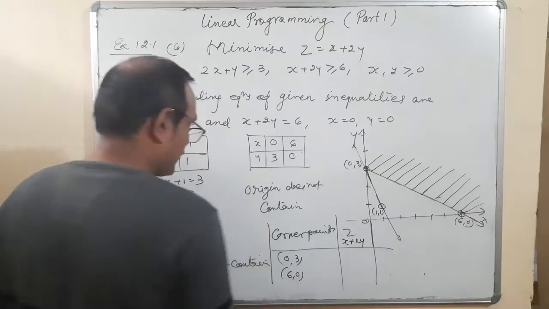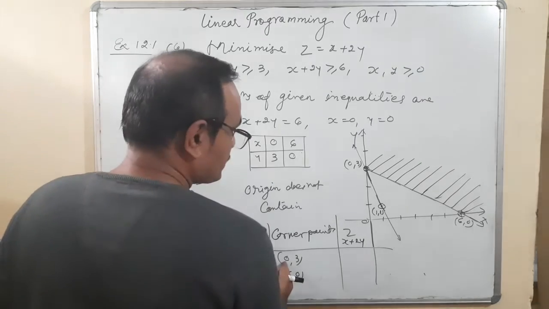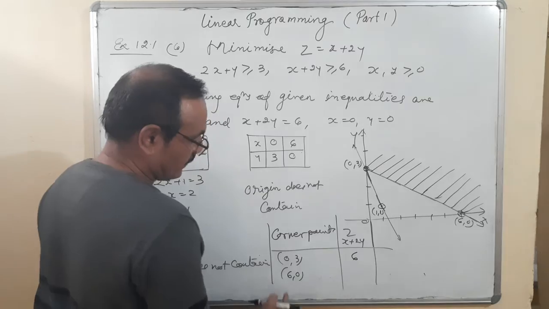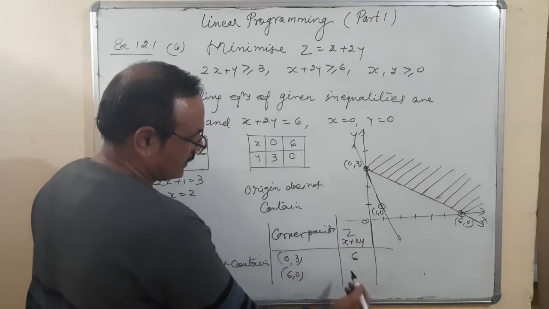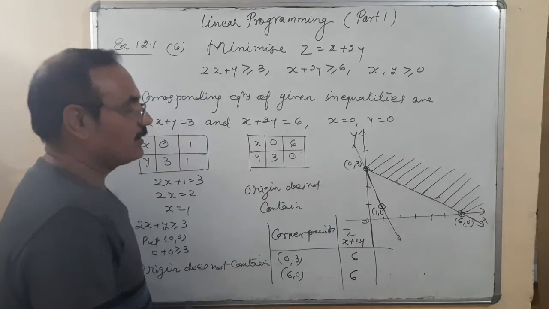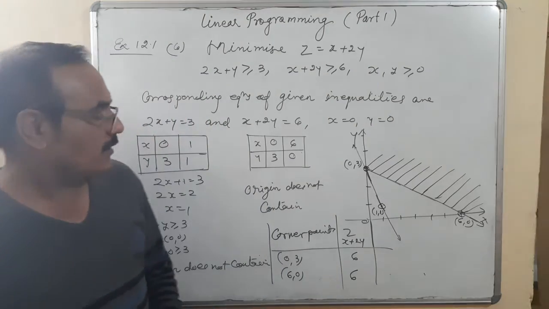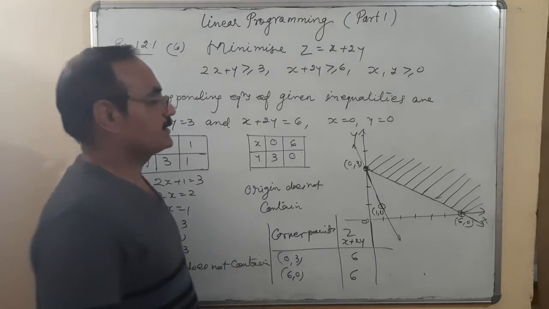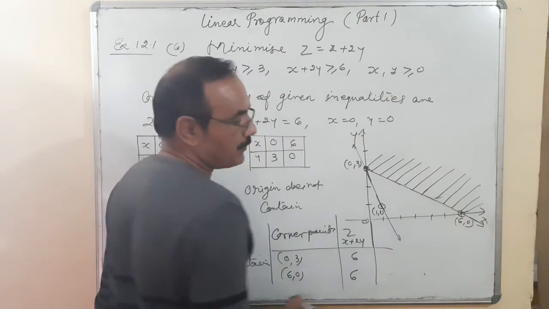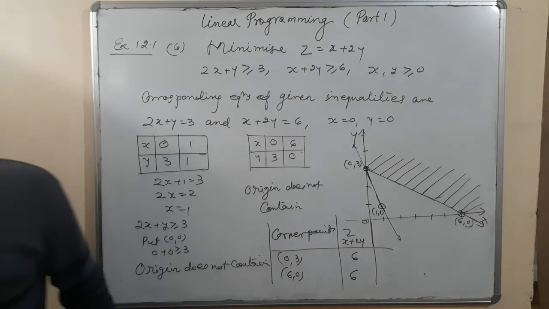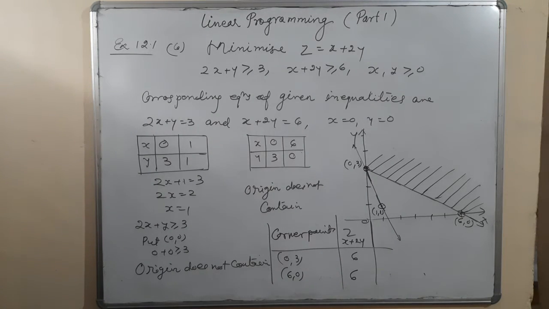So for x plus 2y, we get 6, and this is also 6. So what does it mean? The minimum value is possible for both 6 and 6. Both the points are where the minimum value is possible. Got it? So that is the solution of question number 6.